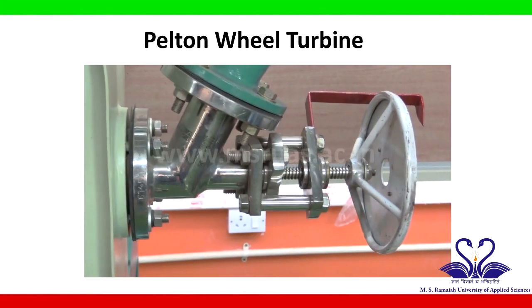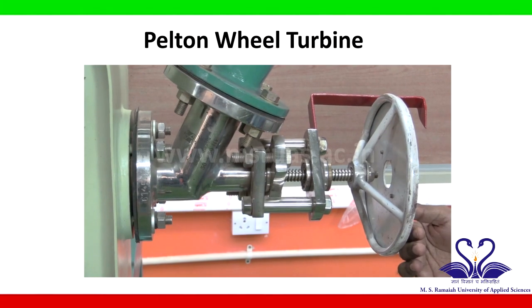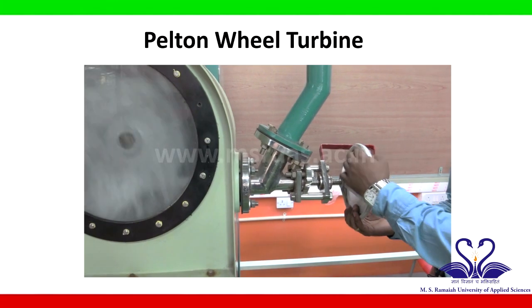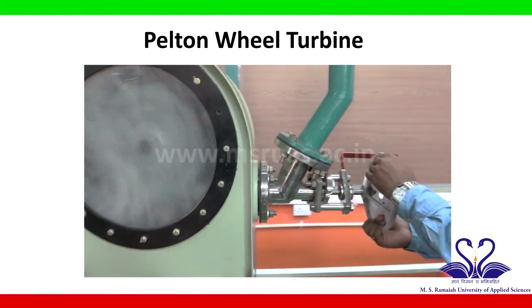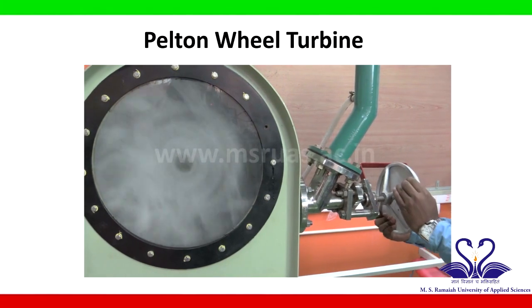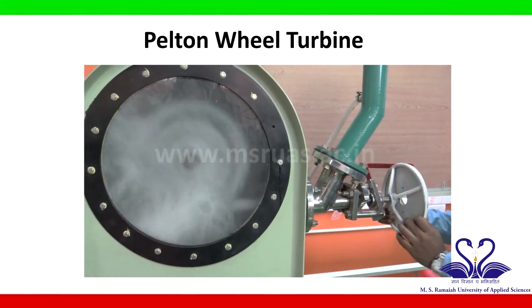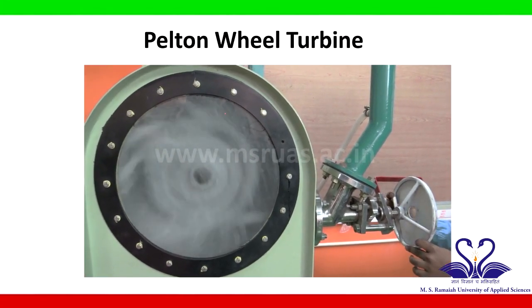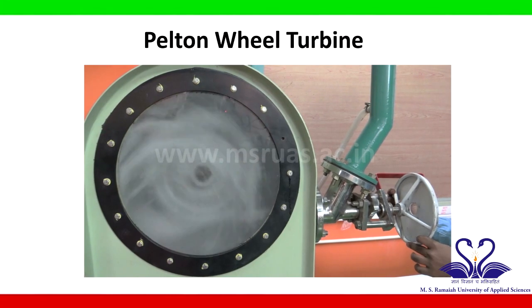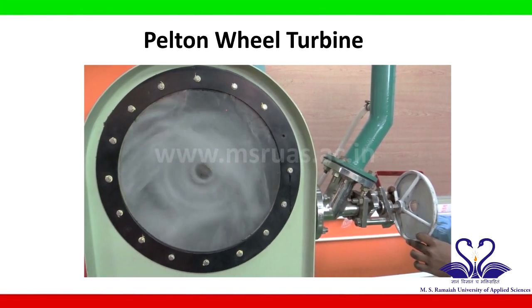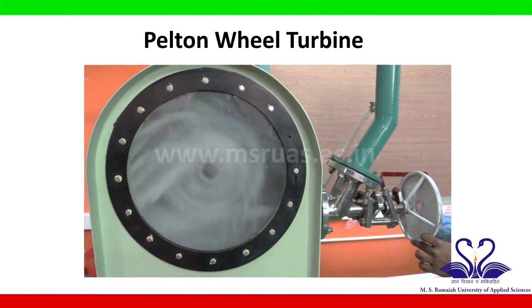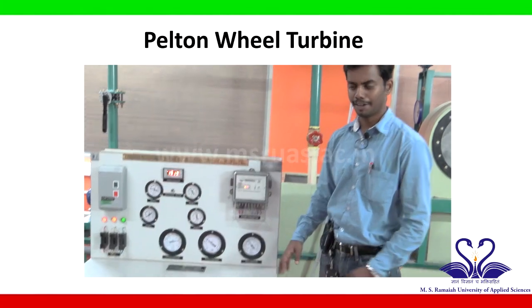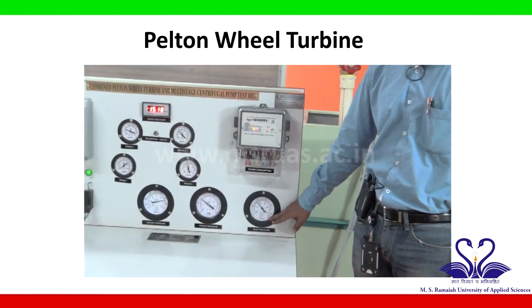Now, after trial 1 is completed, we take trial 2 by closing or opening the valve. Right now it was fully open, and now I shall close it by 25%. While conducting the experiment at constant head, we need to maintain the same head for all the trials.